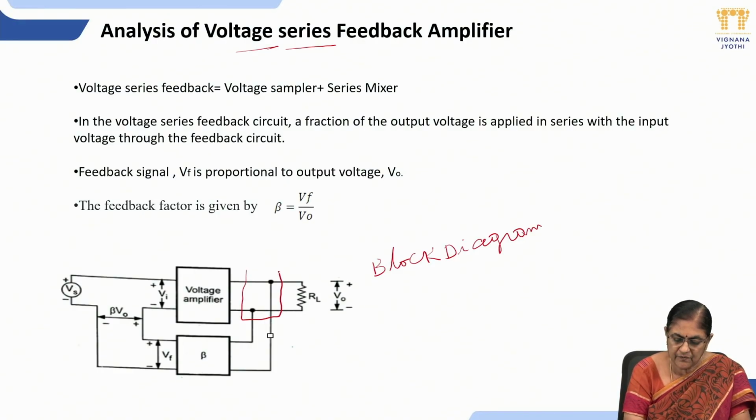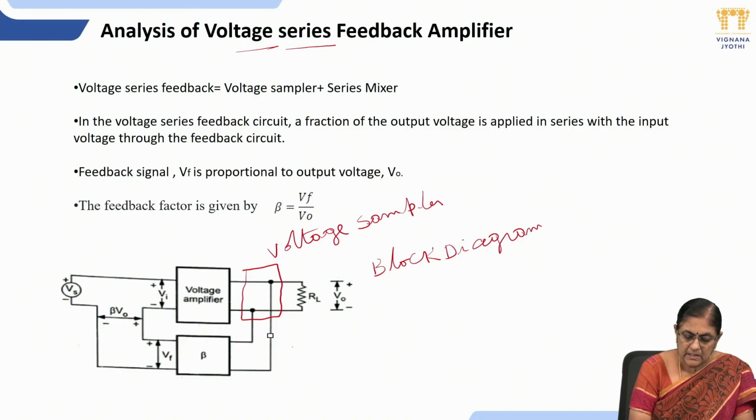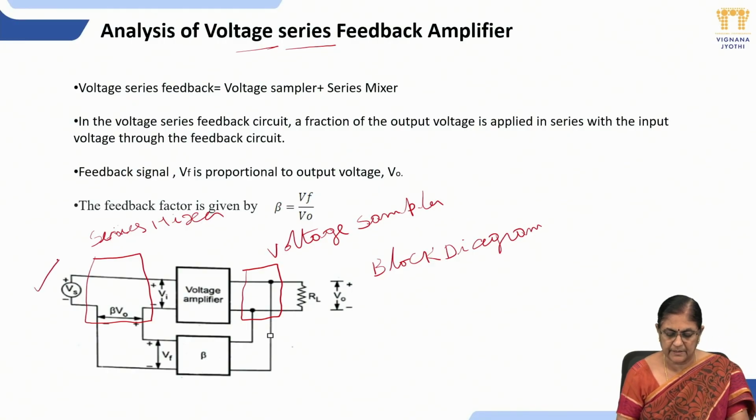This is the connection for voltage sampler. Series mixer is used at the input terminals of the basic amplifier. This is the connection for series mixer. In the case of series mixer, source must be voltage source.